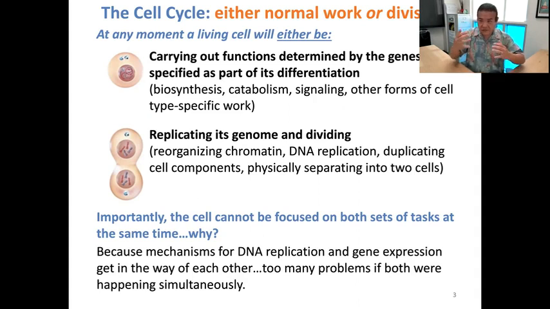Because the mechanisms involved in carrying out normal differentiated cell functions, for example, choosing which genes to use, getting transcription factor proteins to bind to the different regulatory parts of those genes, like promoters or enhancers, and then eventually getting RNA Pol2 to come to transcribe the genes. Right? Those complicated mechanisms are very different than what takes place when you are replicating DNA.